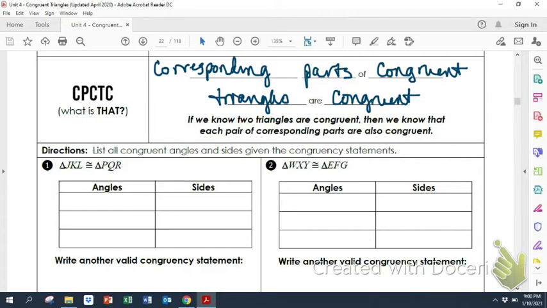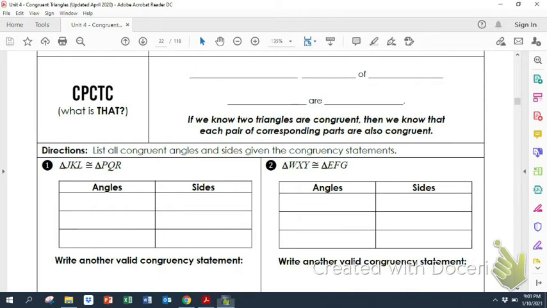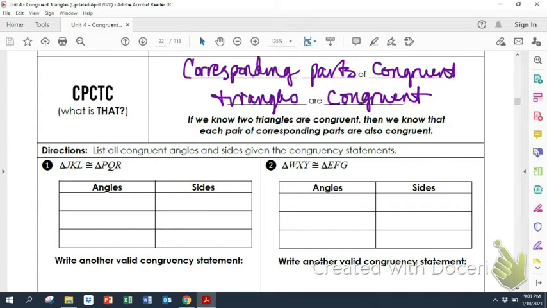So that's where you've got your C and your PCTC, corresponding parts of congruent triangles are congruent. If we know the two triangles are congruent, then we know that each pair of corresponding parts are also congruent.